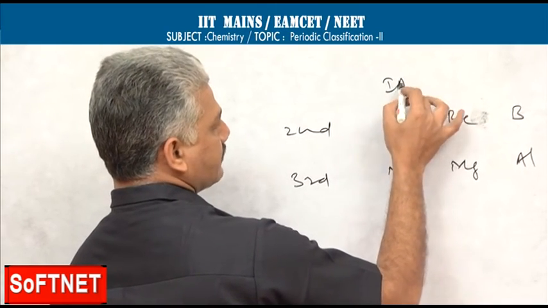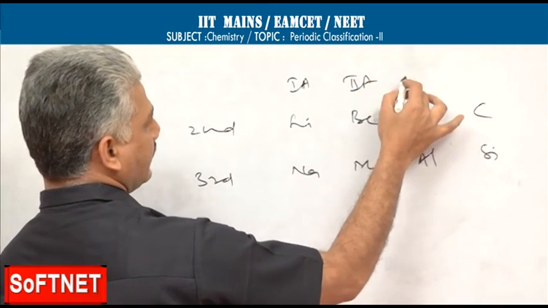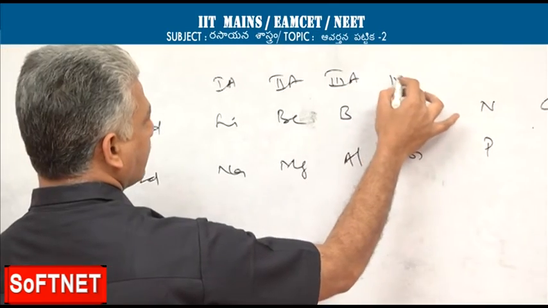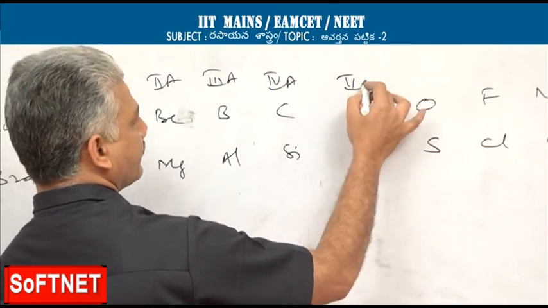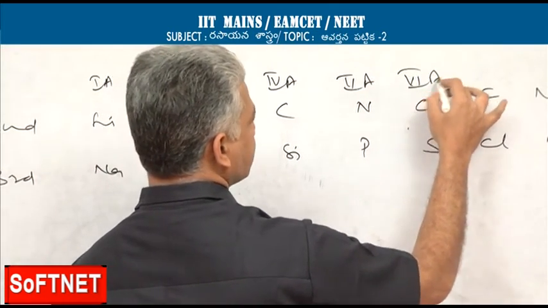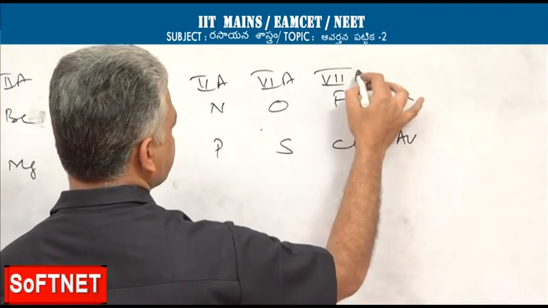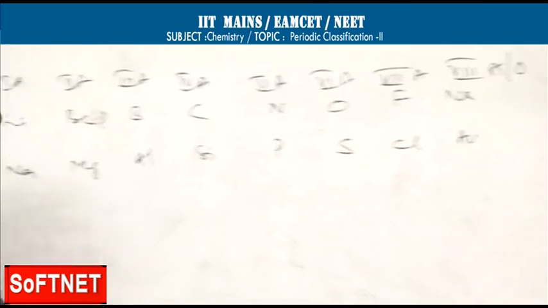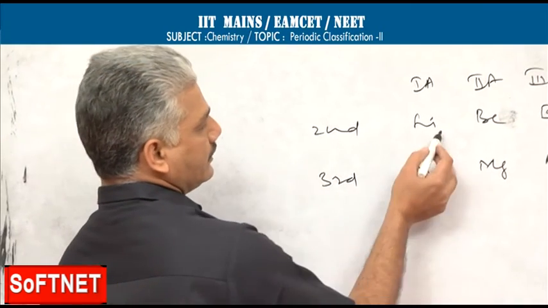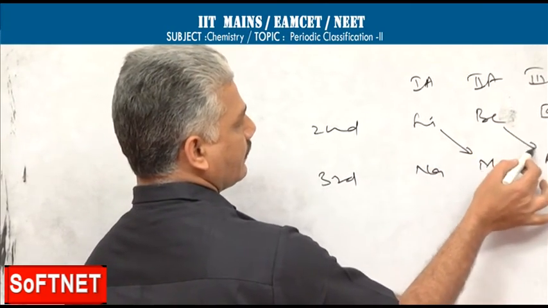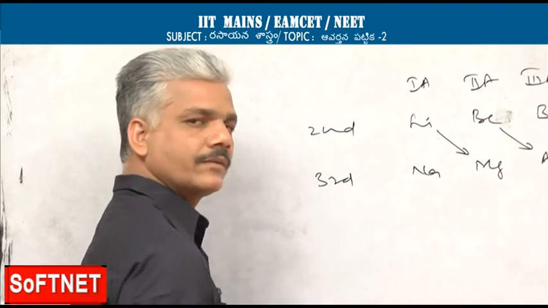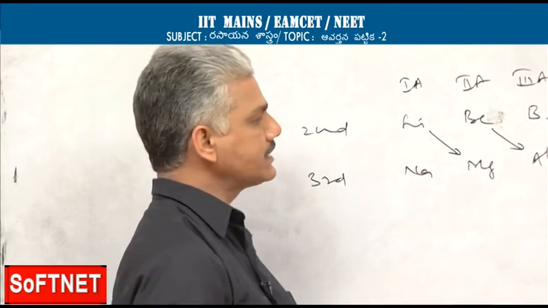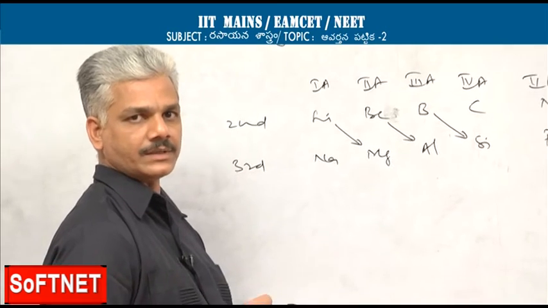These elements belong to 1A, 2A, 3A, 4A, 5A, 6A, 7A and 8A, also called the 0 group. Now, these elements were found to be very similar in their physical as well as chemical properties.